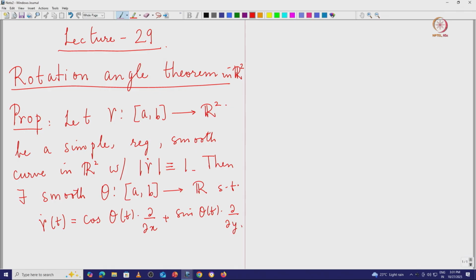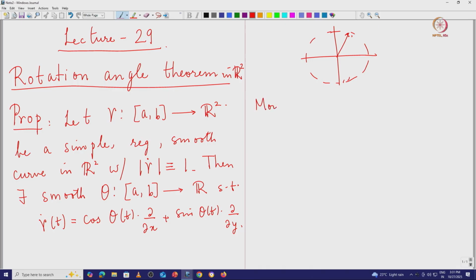So we know that the velocity vector will give you some vector on the circle because the speed is 1, but we want to claim that in fact we can parameterize that point on the circle by this angle theta.